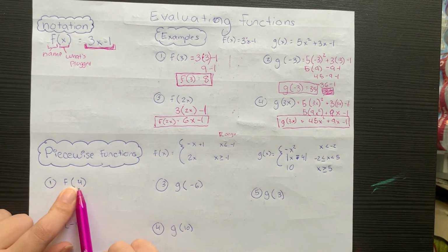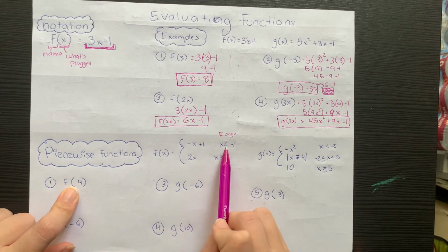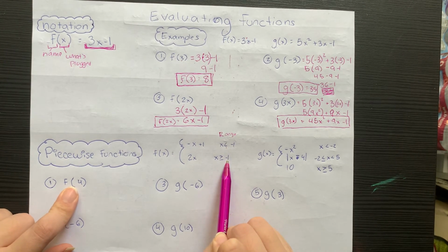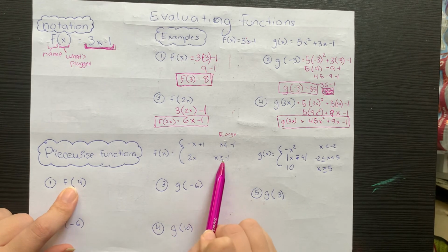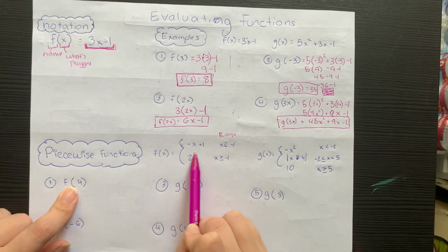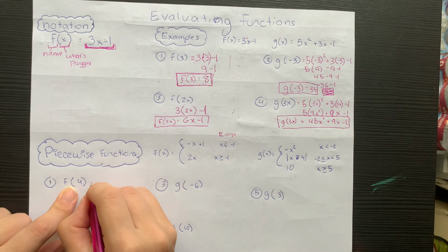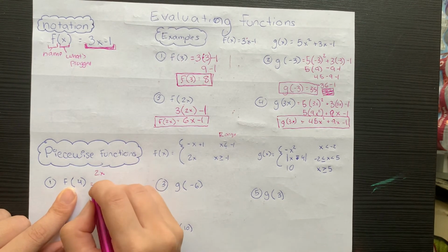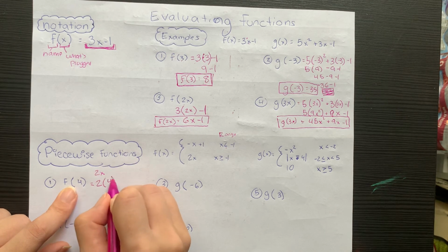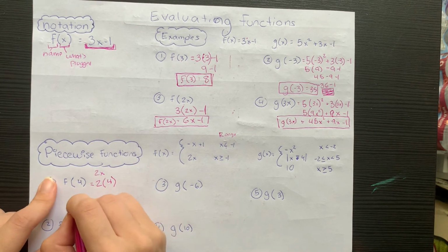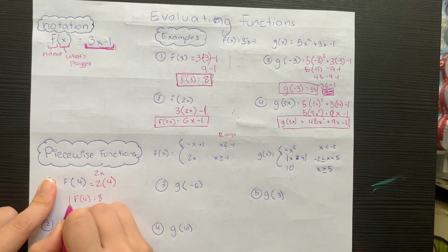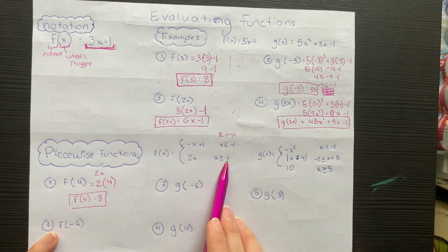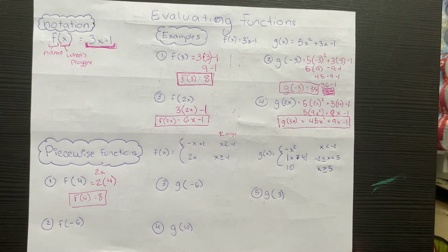So we have to think, all right, is 4 less than -1 or greater than -1? 4 is greater than -1, so we're going to use this equation for this one. So we're going to do 2 times 4 for this one. So f of 4 is 8. Since 4 was greater than -1, we used the 2x.